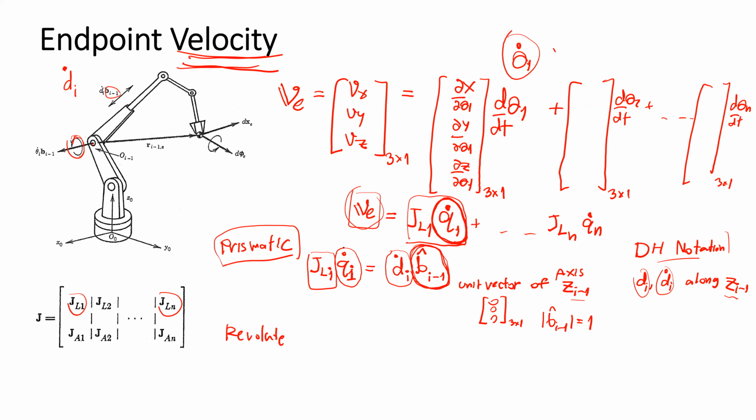So can you guess, what is the Jacobian J L i for the prismatic joint? What is the Jacobian of this? We will summarize. How about the revolute joint? For the revolute joint, we need to know omega.